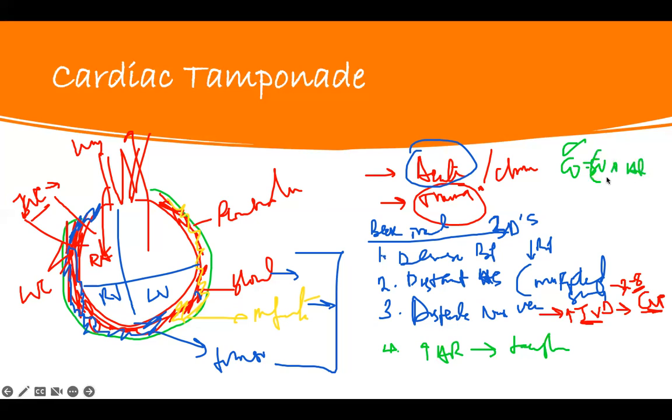We can't do anything to stroke volume because the blood that is coming is small, it's being squeezed. So in order to increase your cardiac output, you're going to increase your heart rate. So that's why the heart rate is very high.